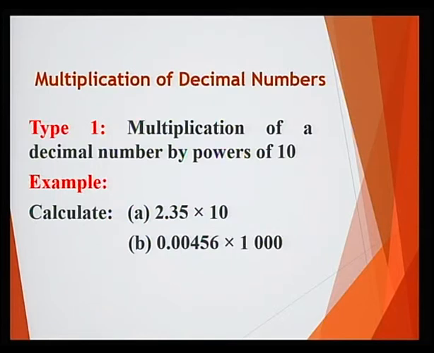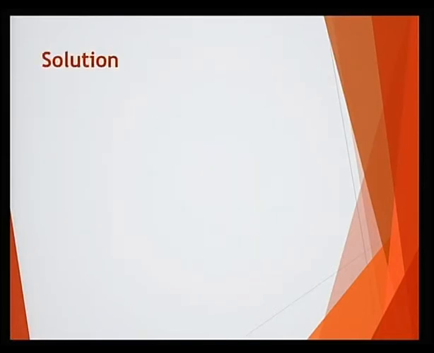So let us consider this example. Calculate 2.35 times 10 and 0.00456 times 1000. We consider the first one, 2.35 times 10. If I'm multiplying by a multiple of 10, I will have to move the decimal point the number of places equal to the number of zeros in the multiple of 10.